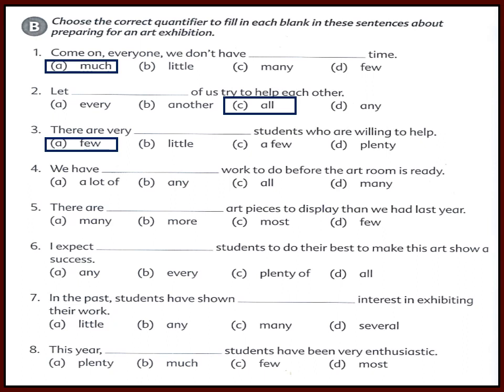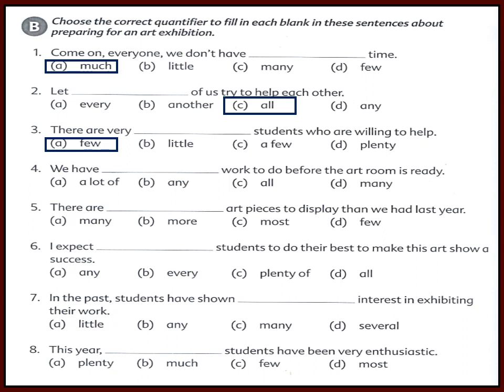Number 4: we have dash work to do before the art room is ready. First of all, work is a non-count noun, right? Uncountable. So we have dash work to do. We have a lot of work to do. We have any work to do. We have all work to do. We have many work to do.